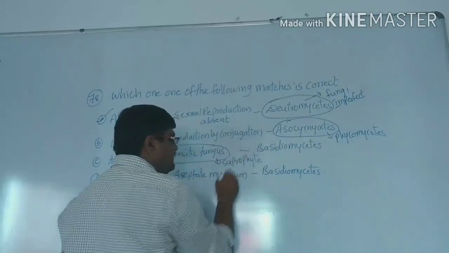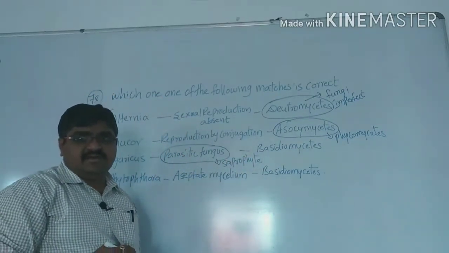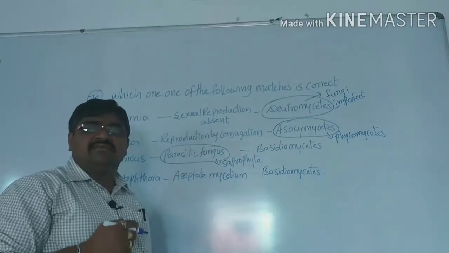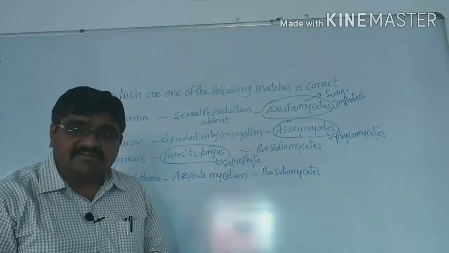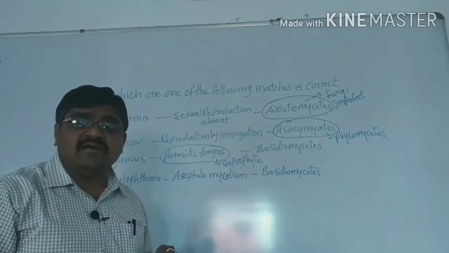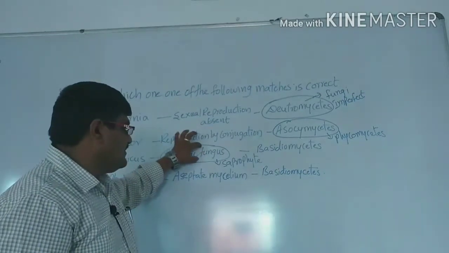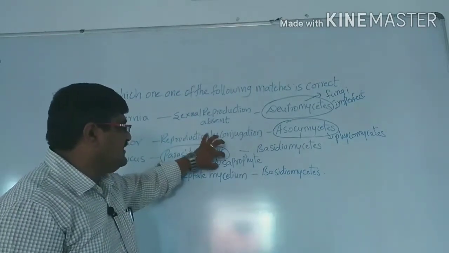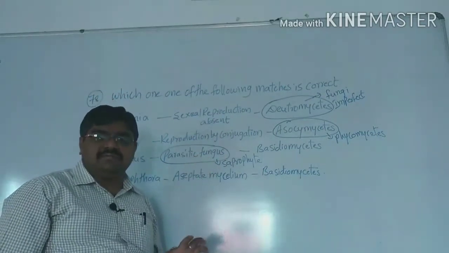Saprophyte means it depends upon dead and decaying organic matter; from dead and decaying organic matter these are developed and grown, so they are called saprophytes. But here Agaricus or mushrooms are not described as a saprophytic fungus, so it is a wrong option. If it says saprophyte, it is a correct option.